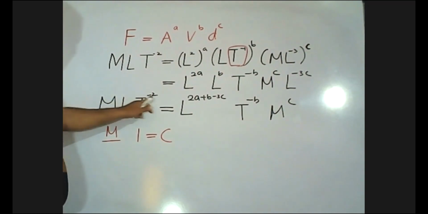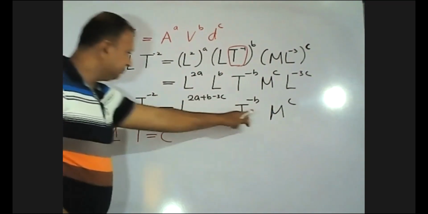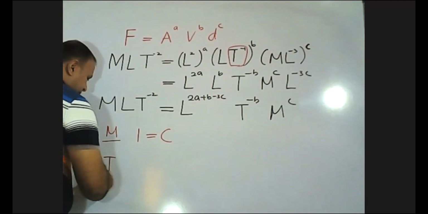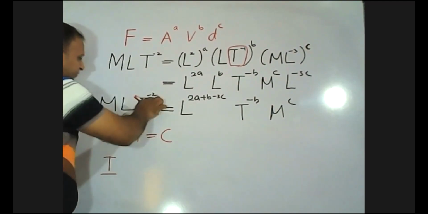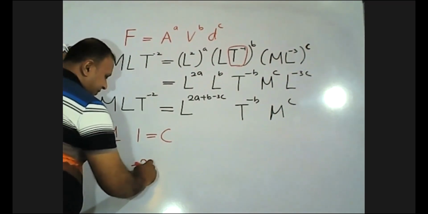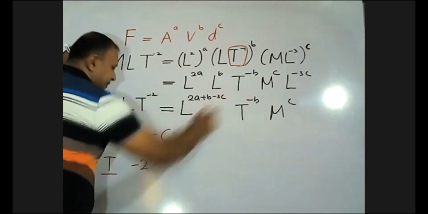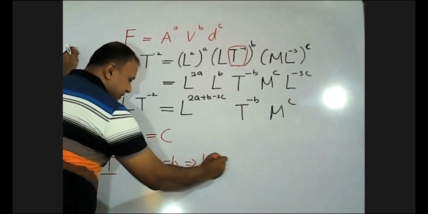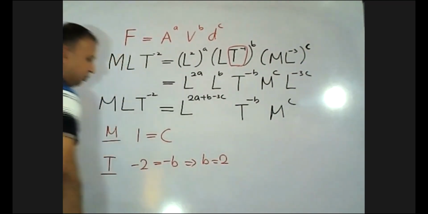Then I can consider B. If I equate the power of T, the left hand side has minus 2, the right hand side has minus B. Then B is equal to 2.